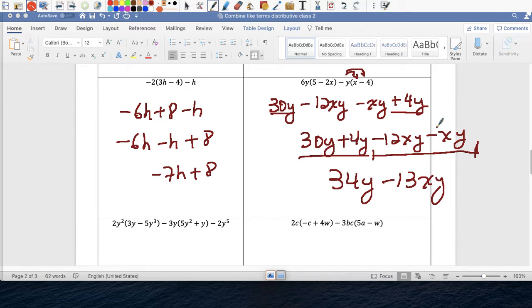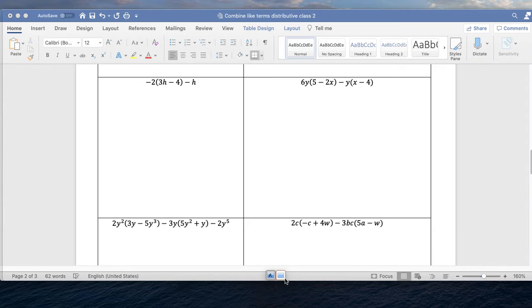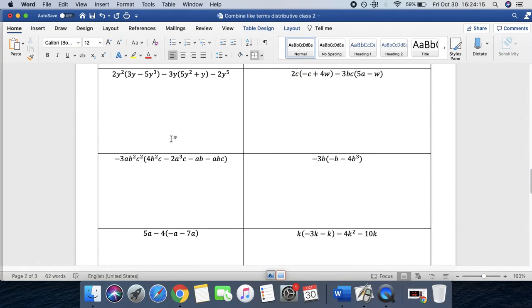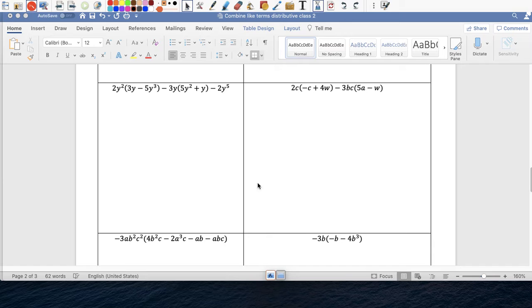Don't forget we have a 1 in there. You just really need to pay attention to details, but other than that, there's nothing difficult here.